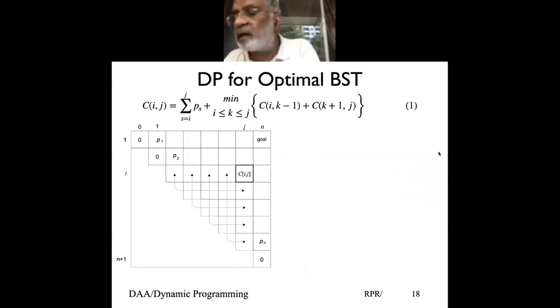If we look at the general term, K varies from I to J, and C(I, K minus 1) to C(K plus 1, J). We need to compute C(I, J). So look at in general, how does it really work?